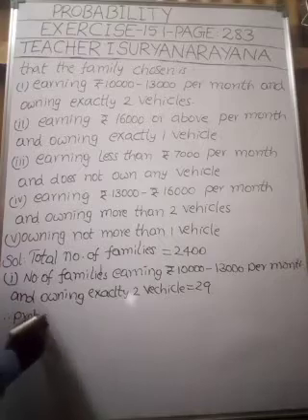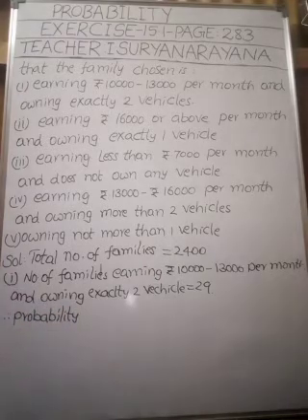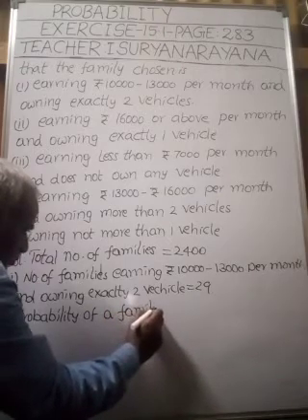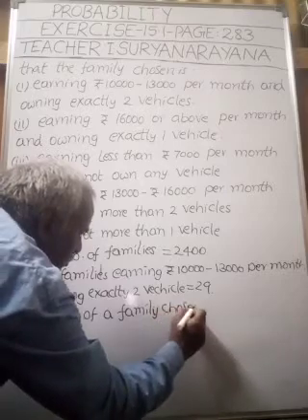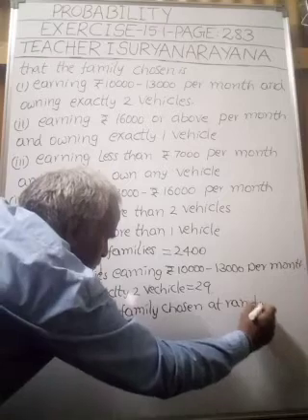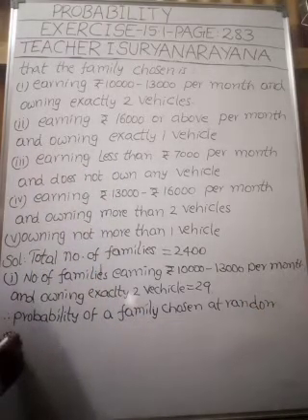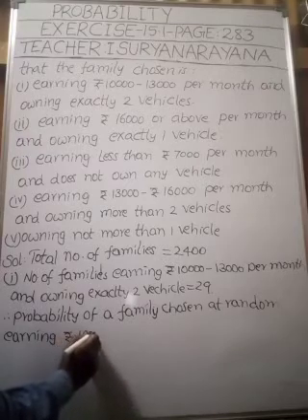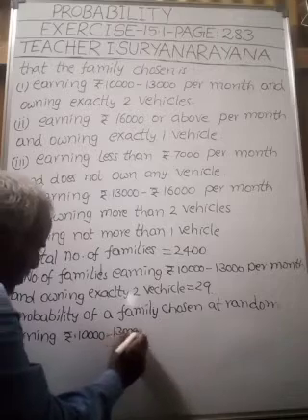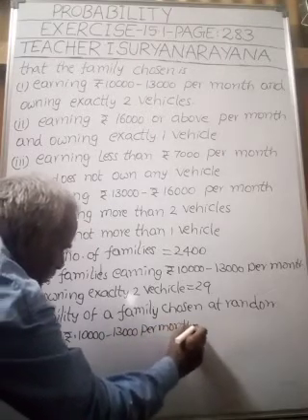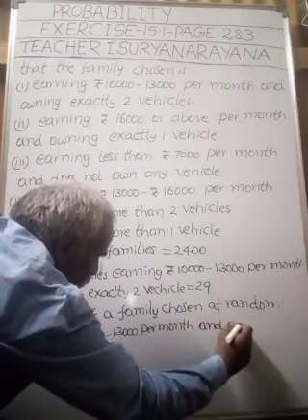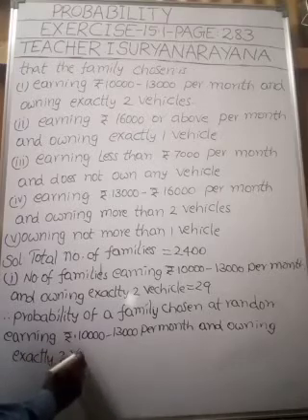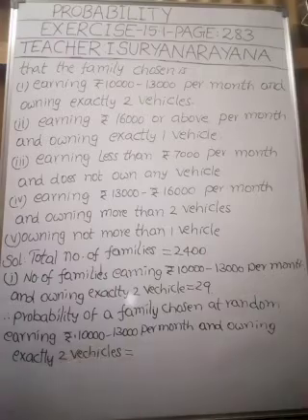Therefore, probability of a family chosen at random earning 10,000 rupees to 13,000 rupees per month and owning exactly two vehicles.